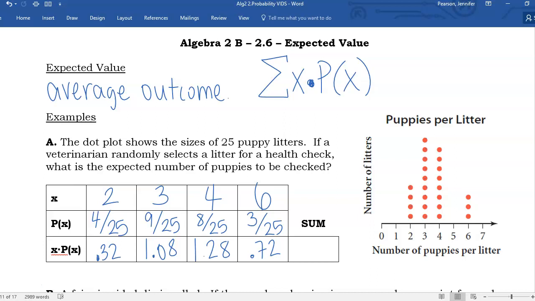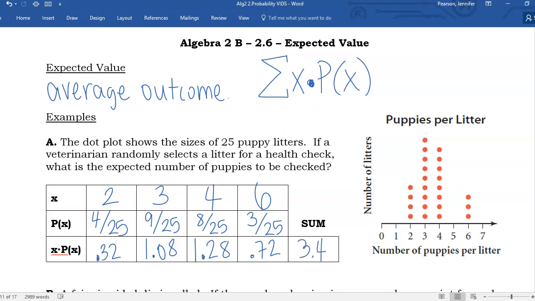We have our outcomes, we have those probabilities, we have their products. Finally, we are to add each of the values in the bottom row. 0.32 plus 1.08 plus 1.28 plus 0.72 gives us an expected value of 3.4.